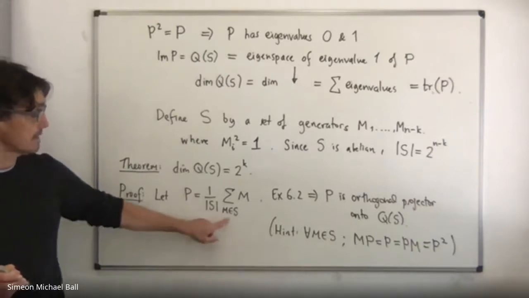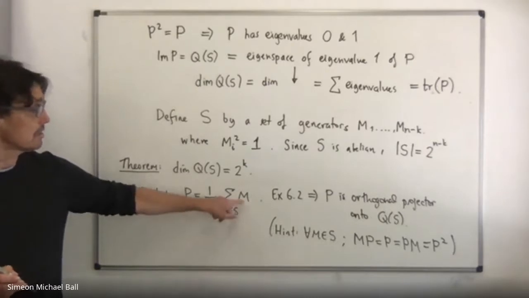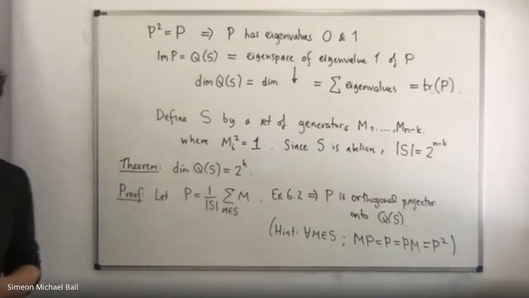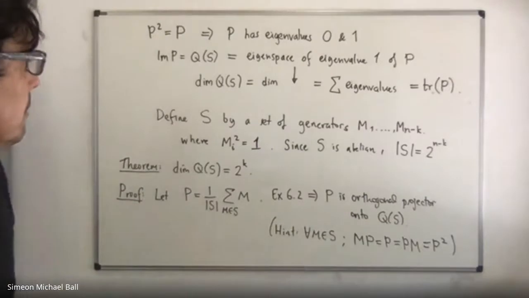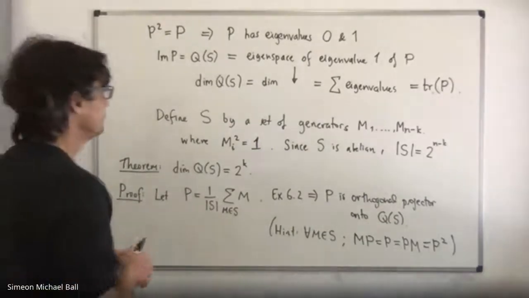Now the trace is additive, so we can sum up the traces. So what's the trace of a typical M in curly P?